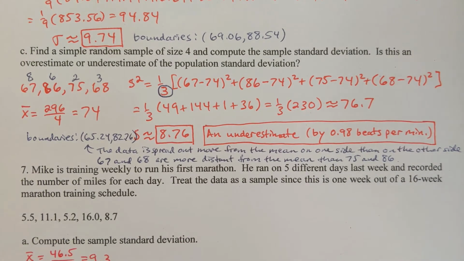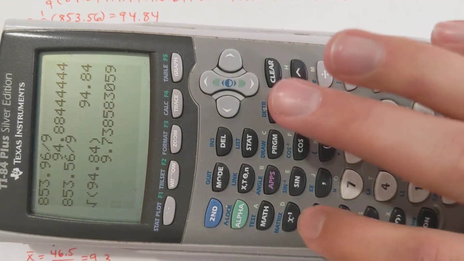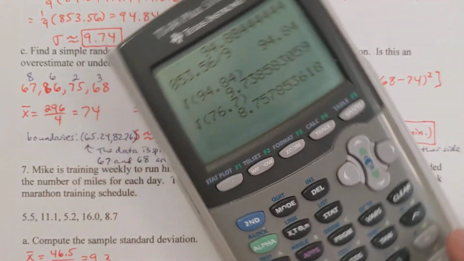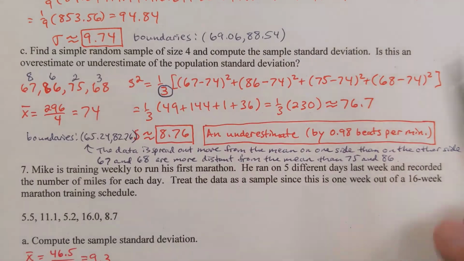To get the standard deviation, I need to take the square root of 76.7, which is roughly 8.76. So that would be my sample standard deviation.